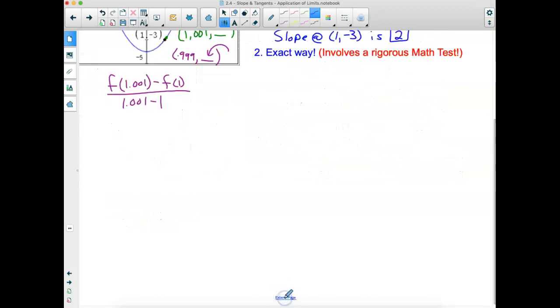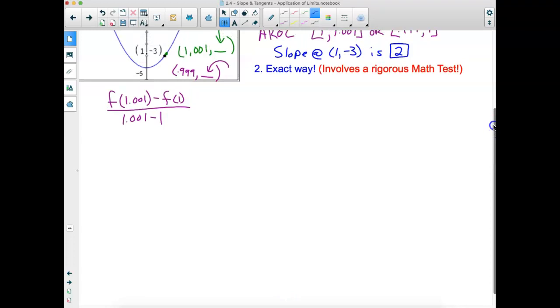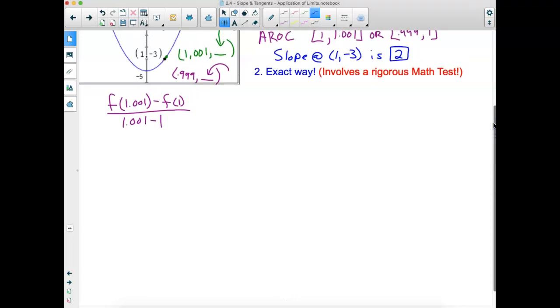So what we're going to do the exact way, okay, is we're going to take an interval from 1 to 1 plus h. And then we're going to let h slowly approach 0. We're going to limit the distance in h as it goes to 0.